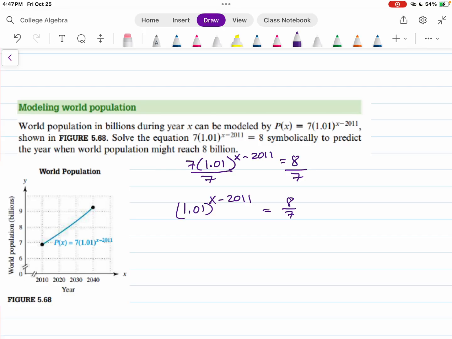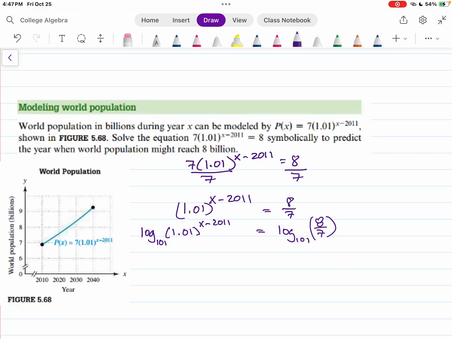You can take the ln of both sides. I'm going to do log base 1.01, and the reason I'm doing that is so that it can cancel the 1.01 base that we have there. Now we have to do the same thing to the other side by the properties of equality, and that's 8/7 as a fraction.